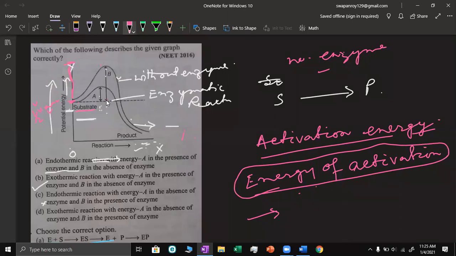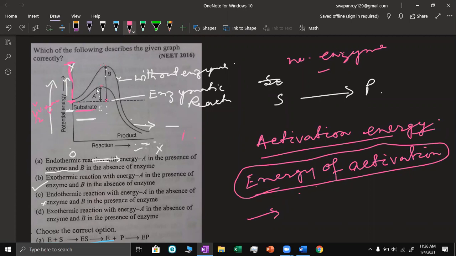A very high amount of energy is required. But if the enzyme is present, the requirement of energy is less.